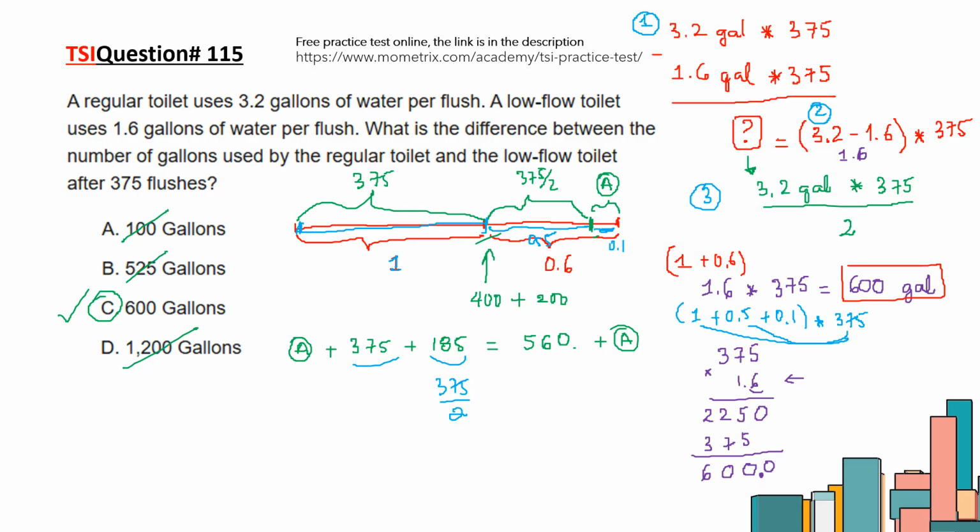But even so, we don't have to calculate it. We just compare the numbers we know. This one is less than 560, and this one is too big.